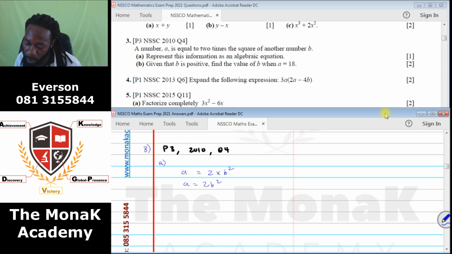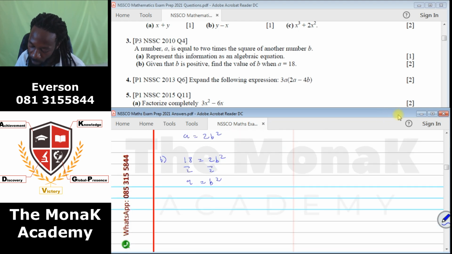Given that B is positive, find the value of B when A is 18. So for B, if A is 18, we look for 2B squared. So we divide by 2, so 9 equals B squared. We find the square root of 9 to get rid of the square.